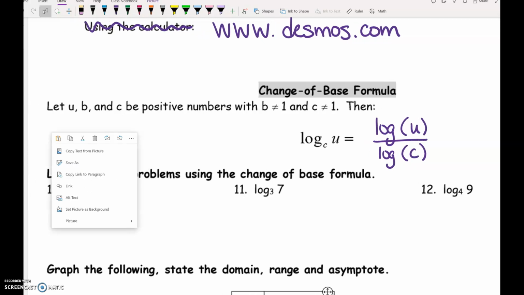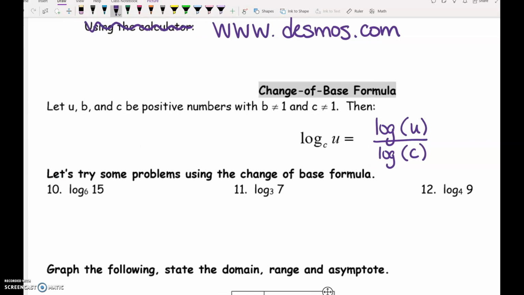So on number 10, you would do in your calculator log button 15, close your parentheses, divided by log button 6, close your parentheses, and that would tell you what the log base 6 of 15 is. So log button 15 divided by log button 6.